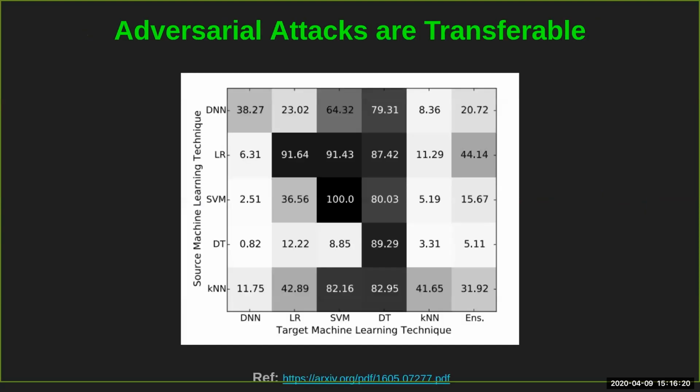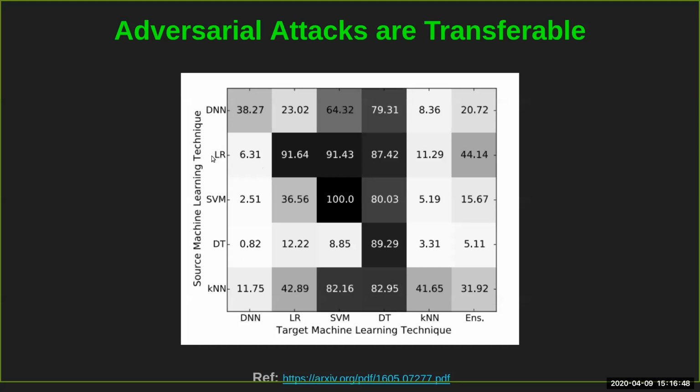This has been shown in one of the research papers, where you can see the transferability of these adversarial samples. In this particular matrix, you can see that the source machine learning algorithm here is a deep neural network, and say if you have another target machine learning algorithm, 79% of the samples are transferable here. In some cases, you have very high transferability.